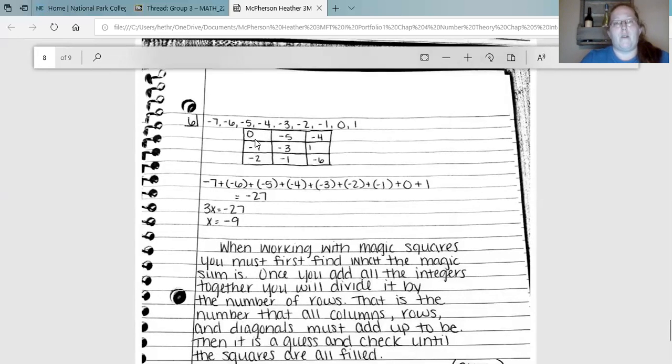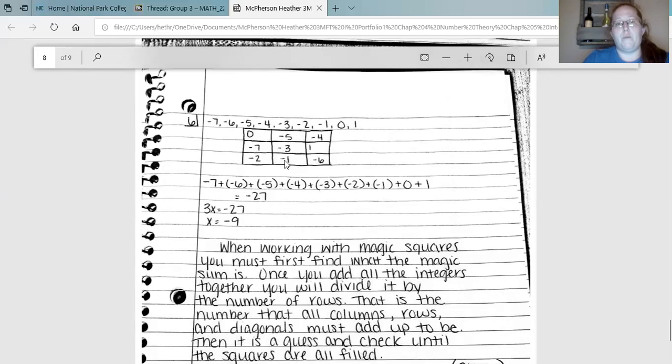So you have 0 plus -7 plus -2 equals -9. -5 plus -3 plus -1 equals -9. -4 plus 1 plus -6 equals -9. And then you'd also go to this side, -5 plus -4 is -9. -7 plus -3 plus 1 equals -9.